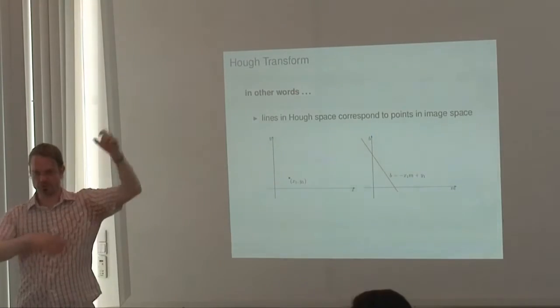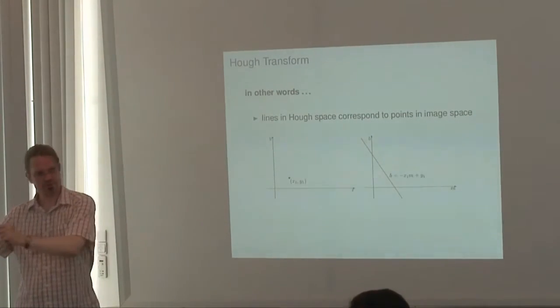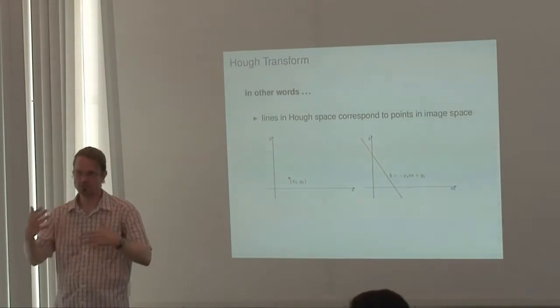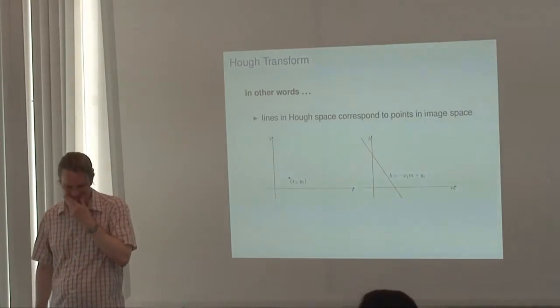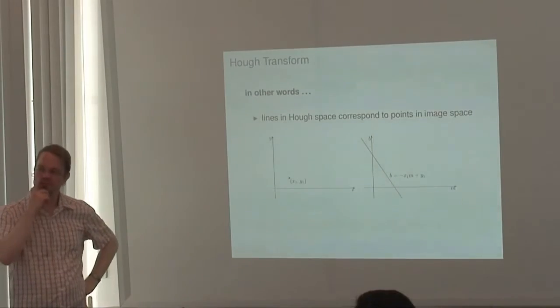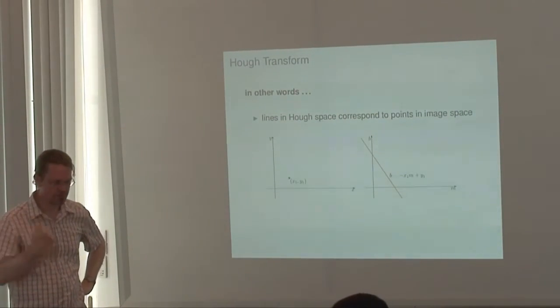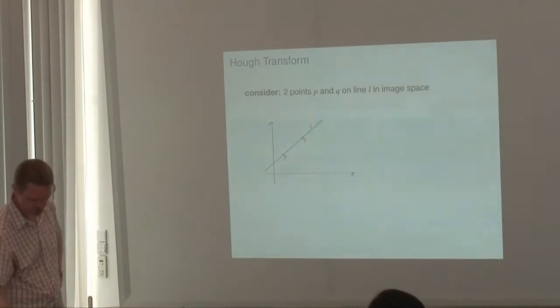Lines are points in some space, and lines in some space are points in the other space. Here we see that with respect to the parameters of line equations. All right. If we think about it, it's very interesting, right? And one wants to think, what could this mean?